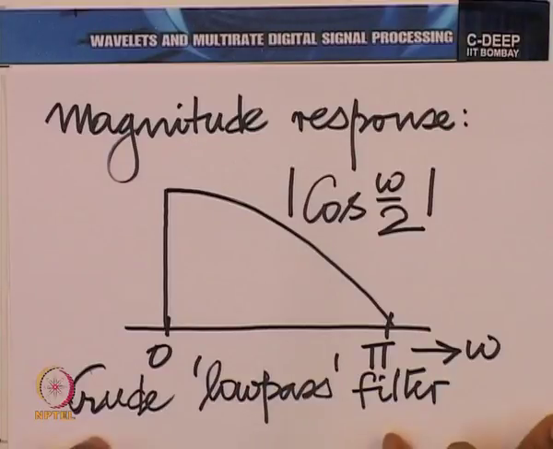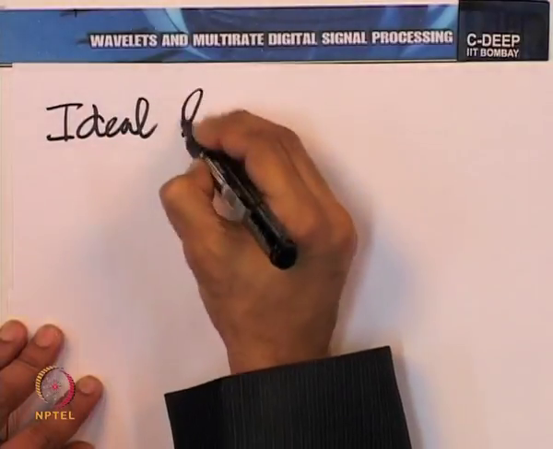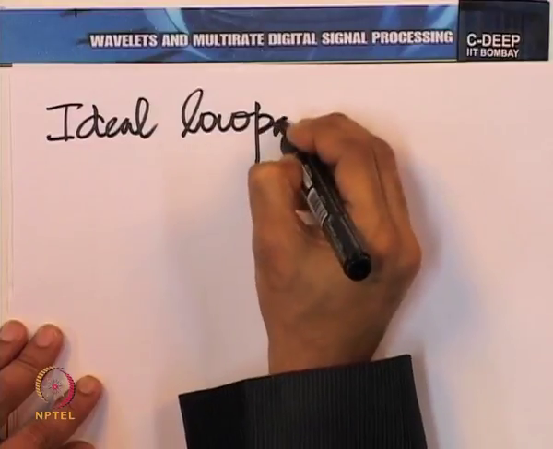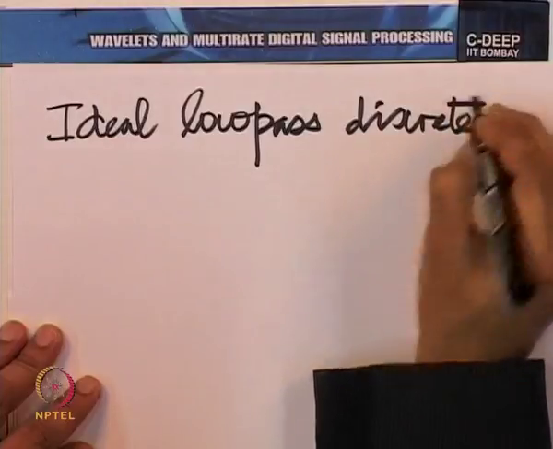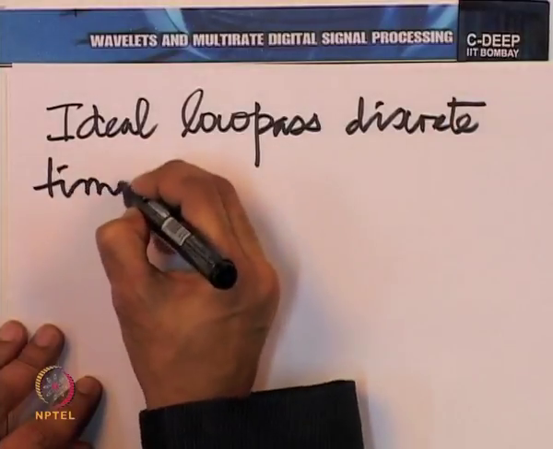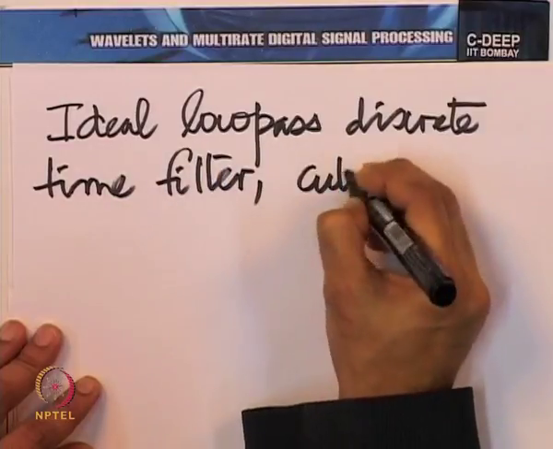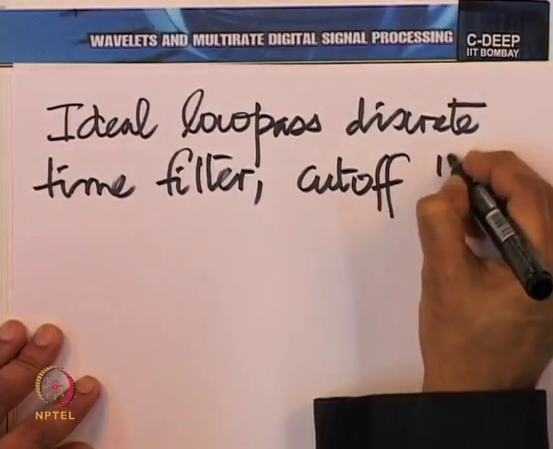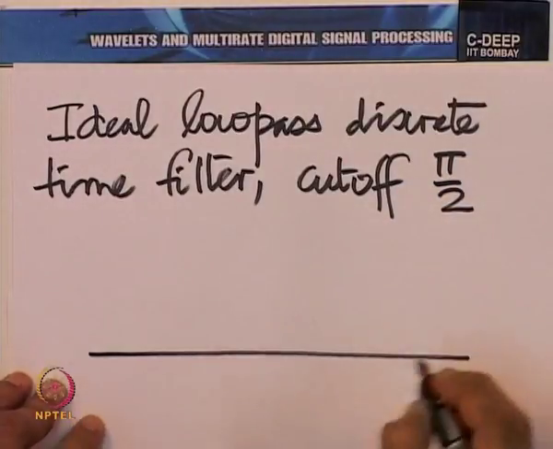In fact, if you had an ideal low pass filter, then of course you need to specify the cutoff too. So, an ideal low pass discrete time filter with a cutoff of pi by 2 would look something like this, in the magnitude sense.